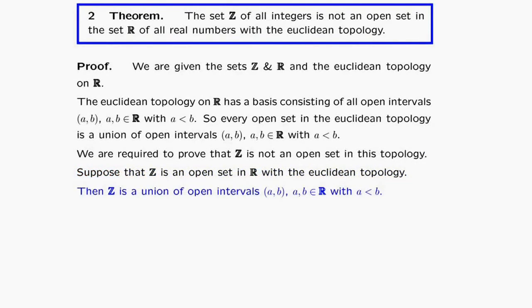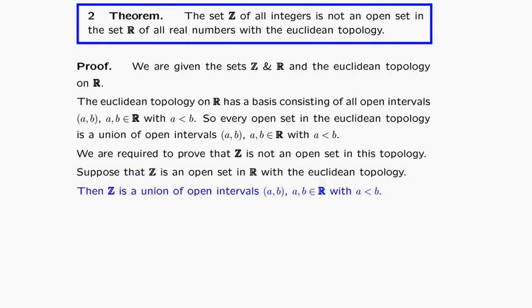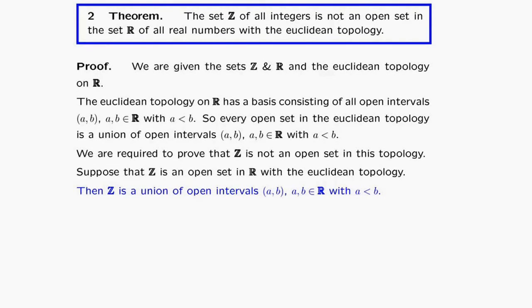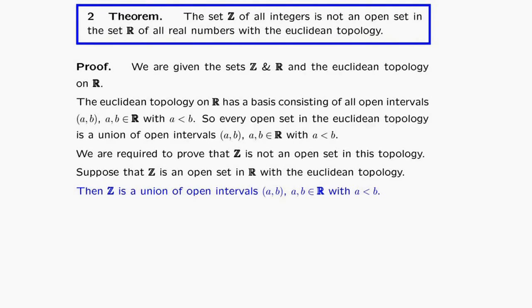We supposed that Z is an open set, and we know that the open intervals (a, b) form a basis for the Euclidean topology on R, so we get that Z is a union of open intervals (a, b).